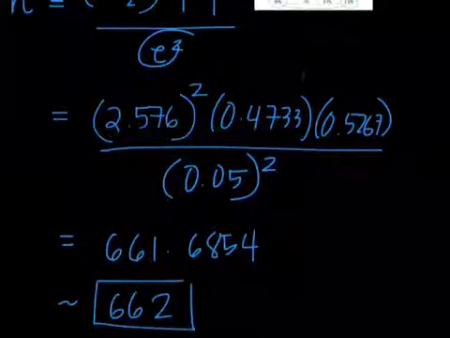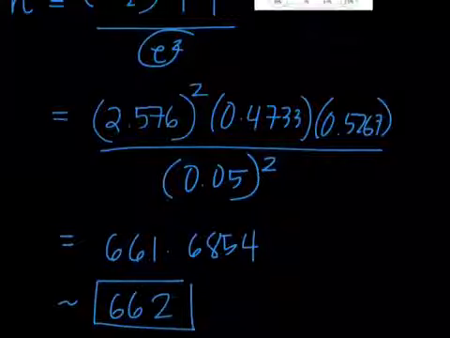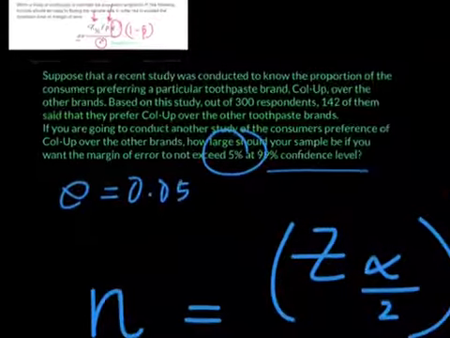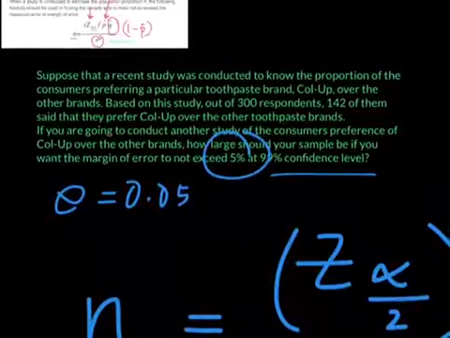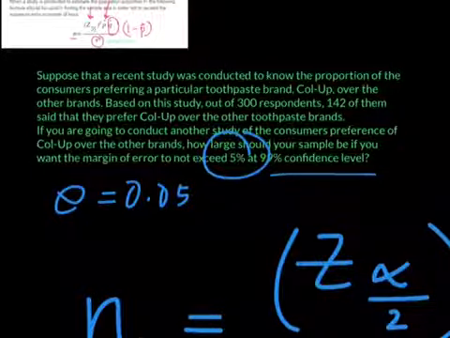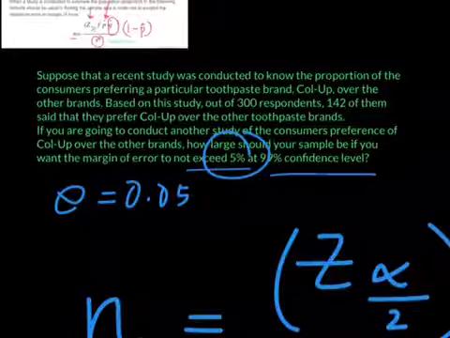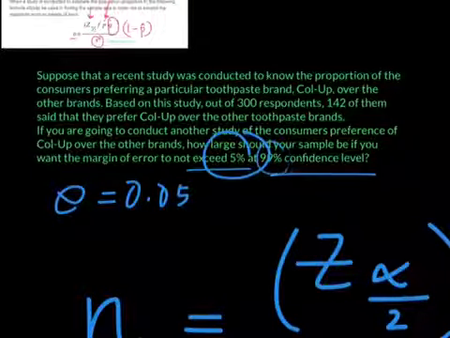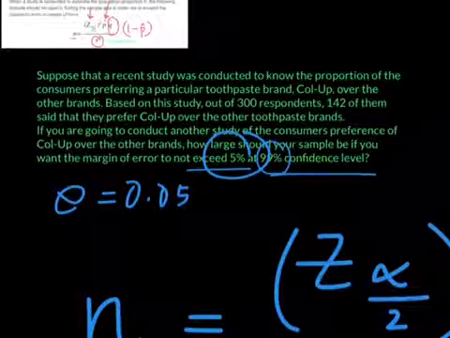So this is the sample size that we need if we are going to conduct a new study about the toothpaste brand Call-Up. Note that this was obtained because we restricted the proportion to not exceed 5%, and also the value is dependent on the confidence level of 99%.